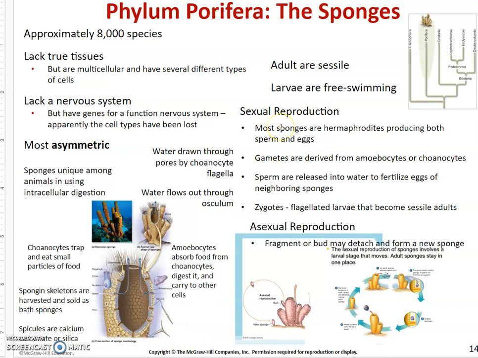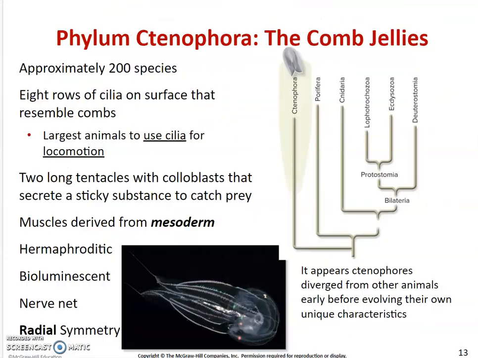So it is debated whether or not the ctenophores come before Porifera, but it makes sense when you think about the law of parsimony, or the KISS principle, that the sponges come first because they lack any true tissues and are asymmetrical. When we look at the ctenophores, we start to see, oh wait, there might be something here that is different. They have these long tentacles with colloblasts that secrete a sticky substance.